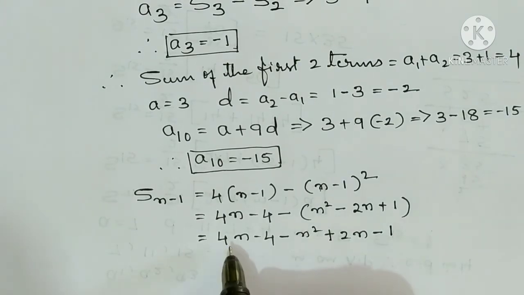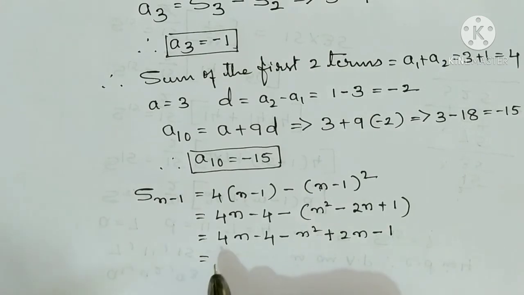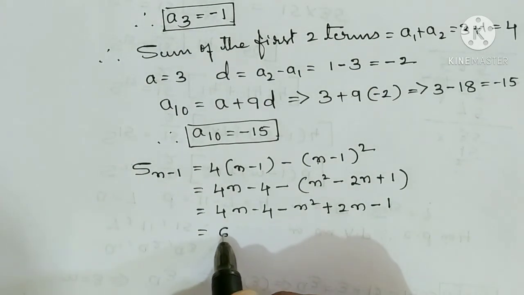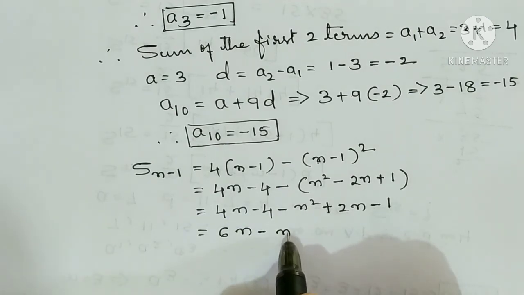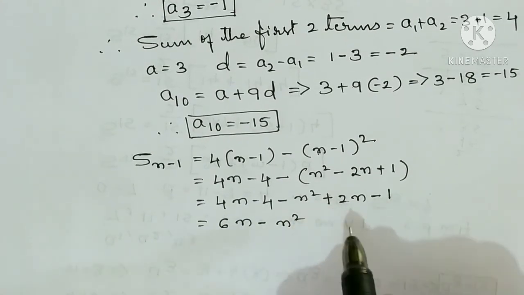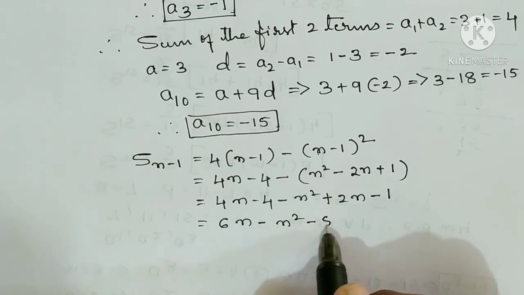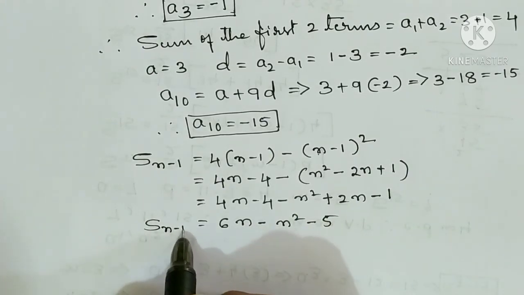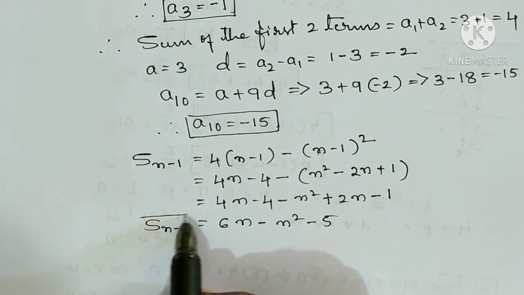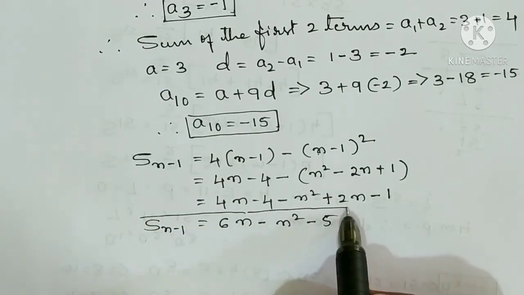Now 4n plus 2n is 6n, minus n square, minus 4 minus 1 is minus 5. That means Sn minus 1 is 6n minus n square minus 5.